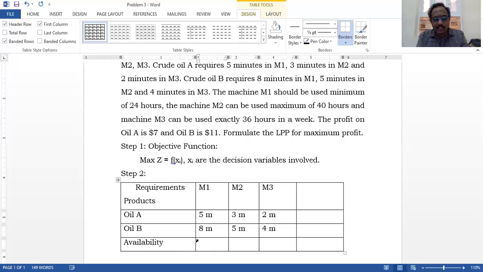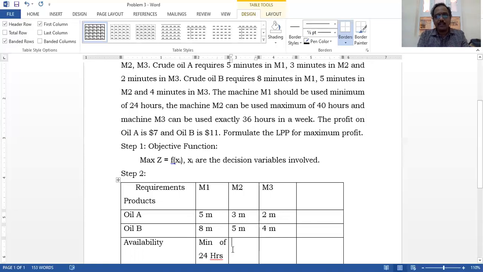So when we check the availability, they have given some constraint inside. Here this should be used minimum of 24 hours. What is the meaning of this? I have to use more than 24 hours. Minimum, at least I have to use it for 24 hours.